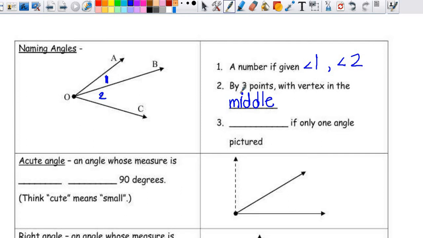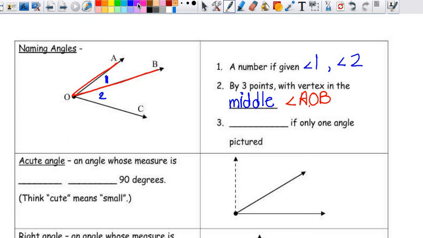The next way is by 3 points with the vertex in the middle. It's kind of like you trace out the angle. So, for example, I can go from point A to point O, because that is my vertex, and then out to point B. So I could call that angle AOB. Notice my vertex is in the middle.